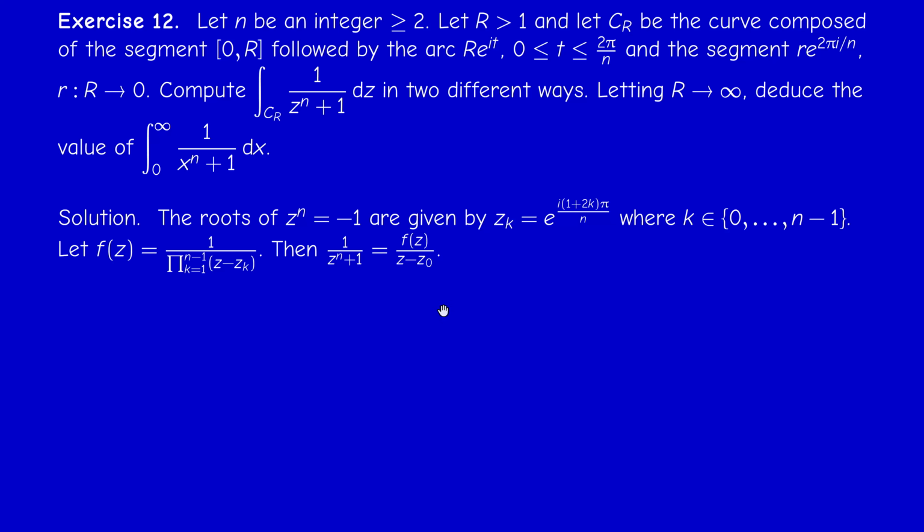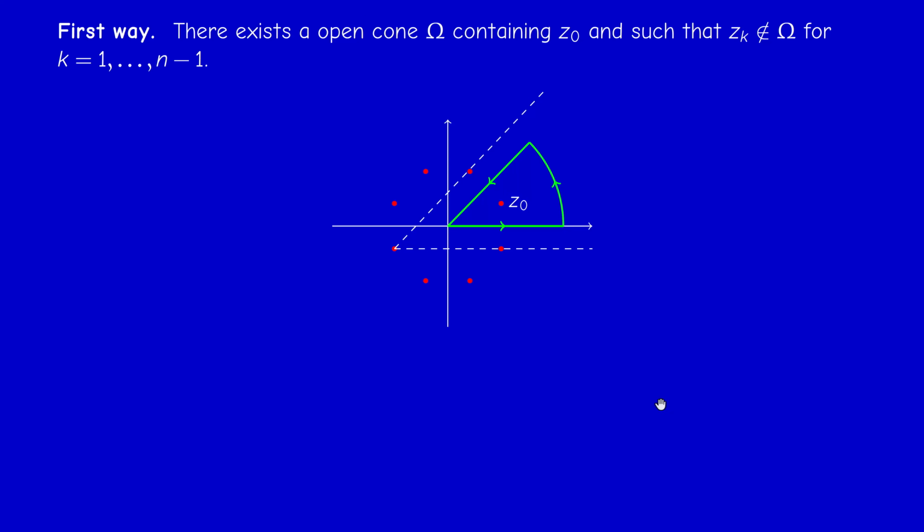So same methodology, and we draw a picture. Here I took n equal 8, but you can take anything if you like. And of course, we continue in the same way. I will still present two options for writing properly Cauchy's integral formula. The first way is a little bit tricky, because we could find a convex set omega containing z0 and not containing the remaining roots.